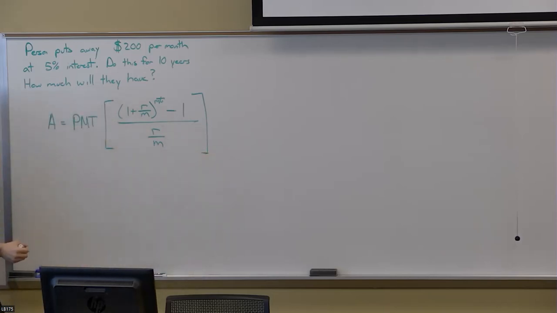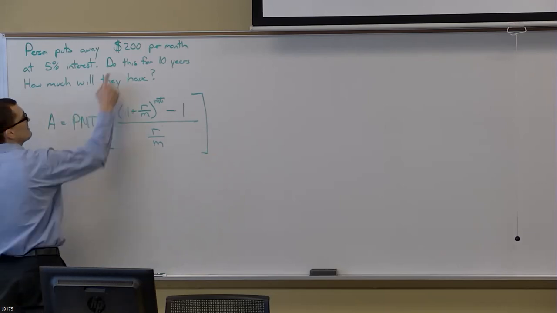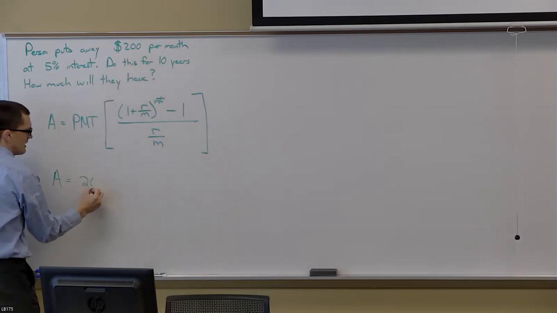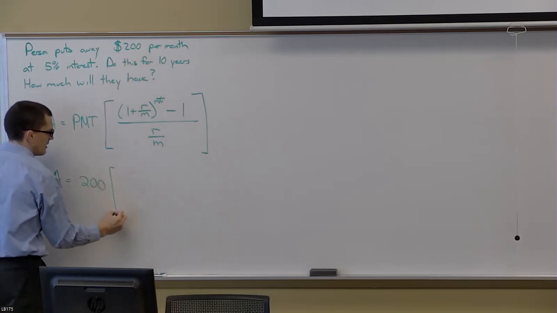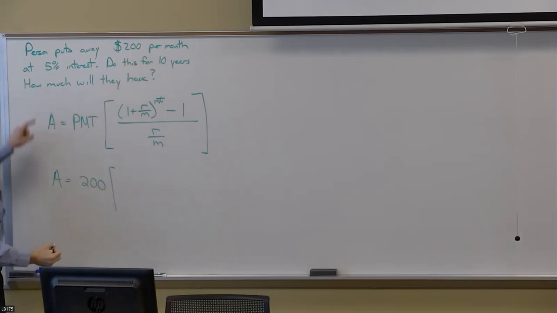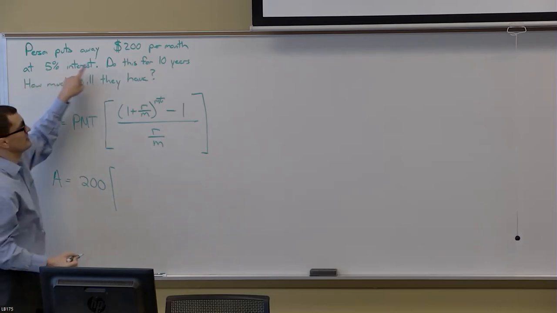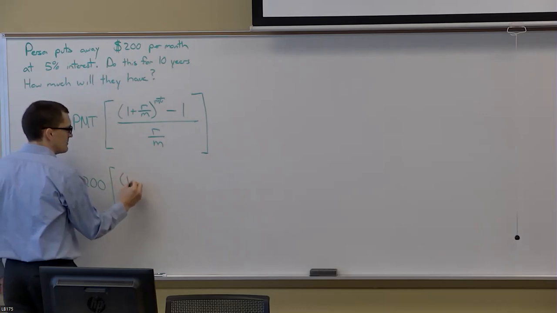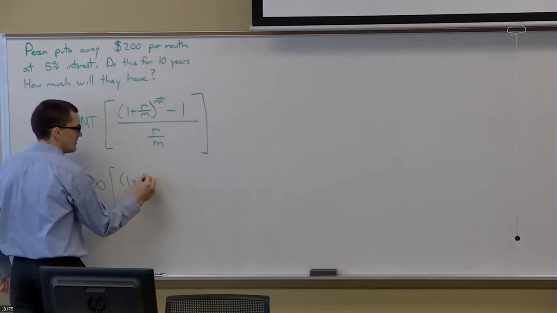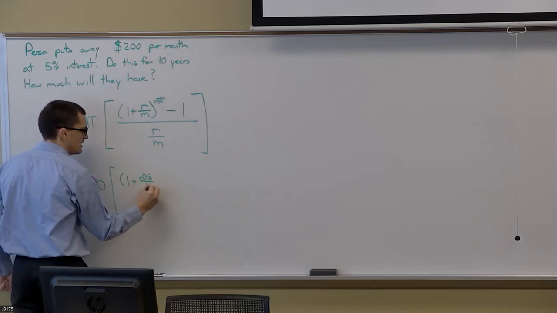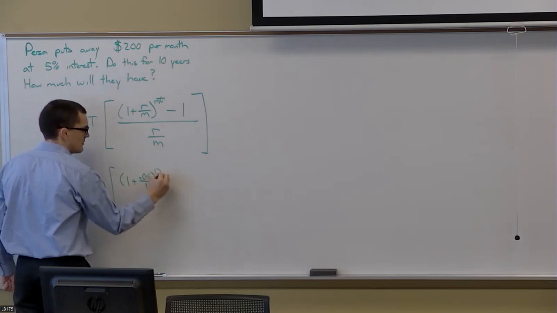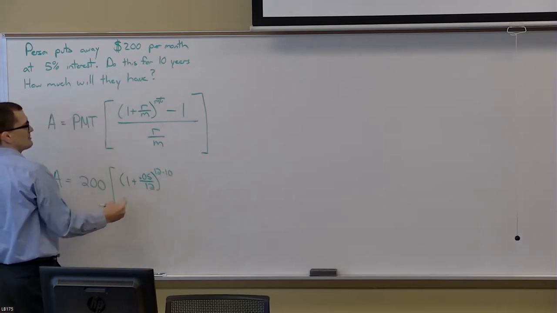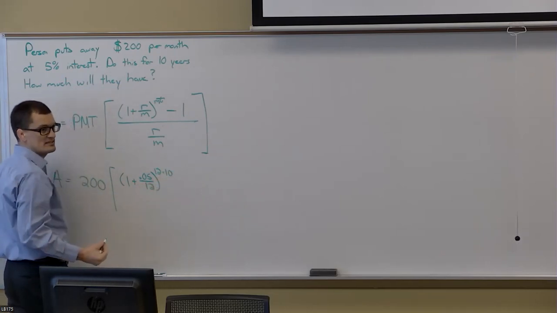All right, so payment is $200. We're putting in $200 every month. We're doing 5% interest, so the R is going to be 0.05. The M is going to be 12. If we're doing that for 10 years, my T is 10.